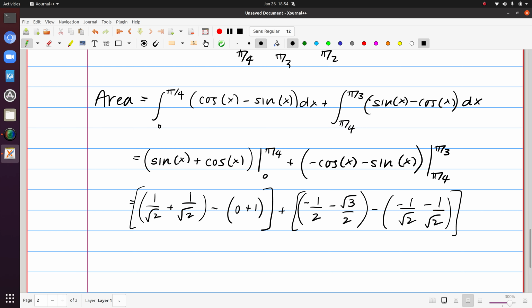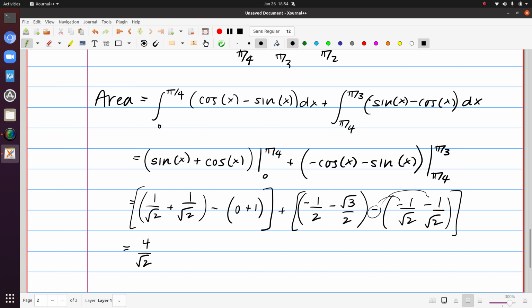We can clean this up a little bit. In particular, if you distribute this minus sign, these are all positive. So we're going to get 4 of those, so 4 over square root of 2, which you could also write as 2 square root of 2.